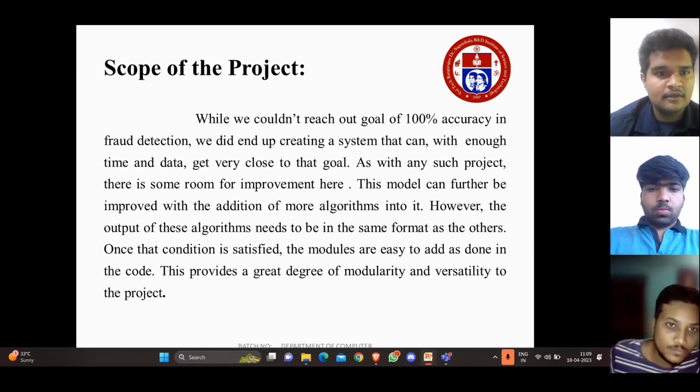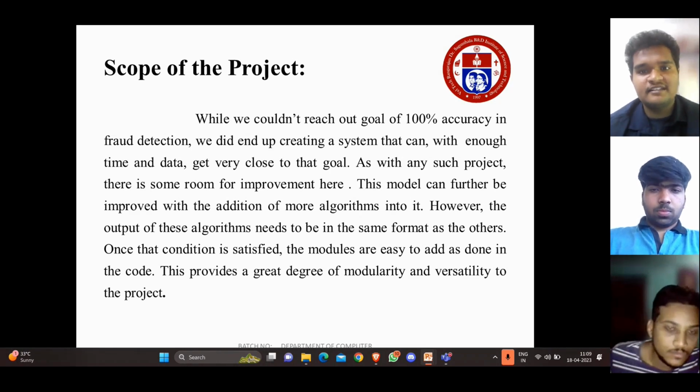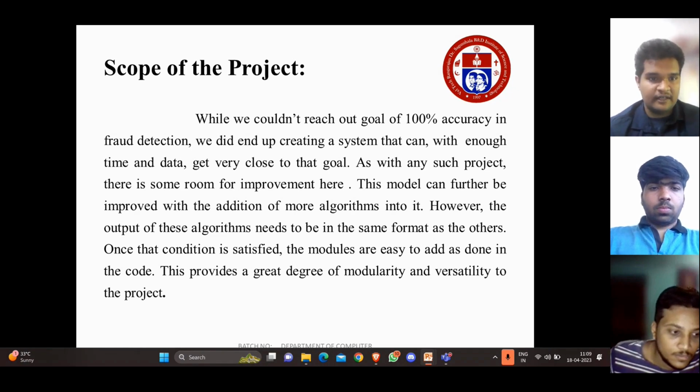Next slide, please. The main scope of the project is that we couldn't reach 100% accuracy while detecting fraud. We didn't create any system that gives 100% accuracy, so for any such process there is room for improvement.